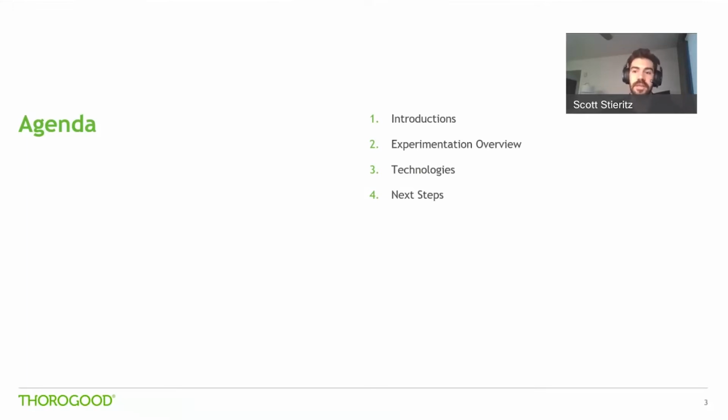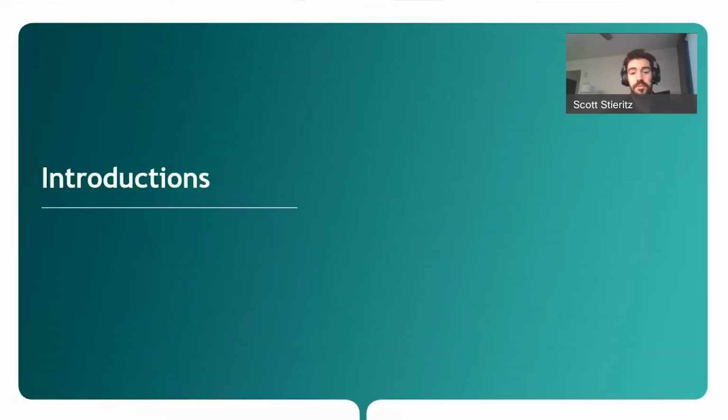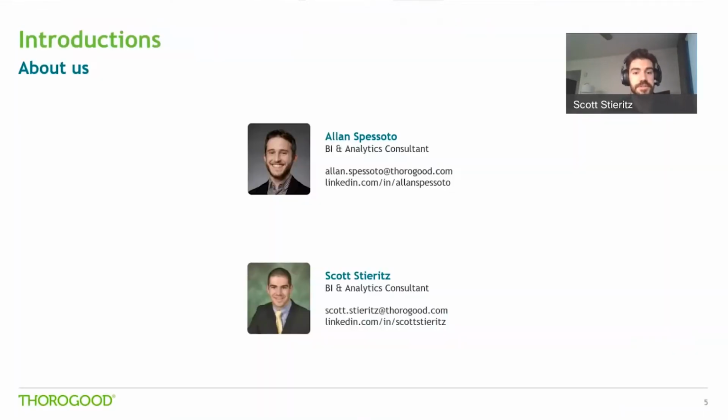We'll then quickly jump into the technologies that are involved in analytical experimentation or can help us do that experimentation in the cloud. From there, I'm sure a number of people are interested to get started or have already gotten started. So we'll talk about some next steps for working within experimentation or getting started with this within your organization.